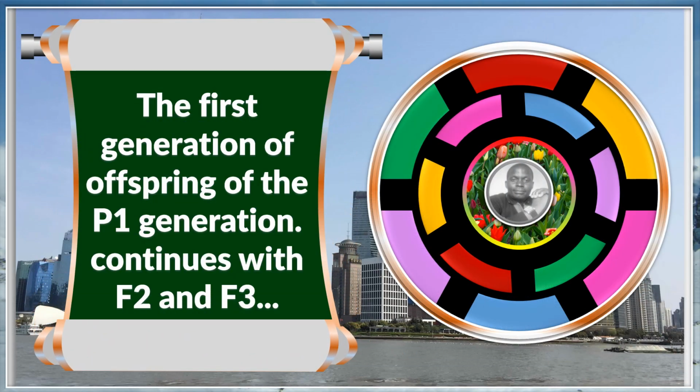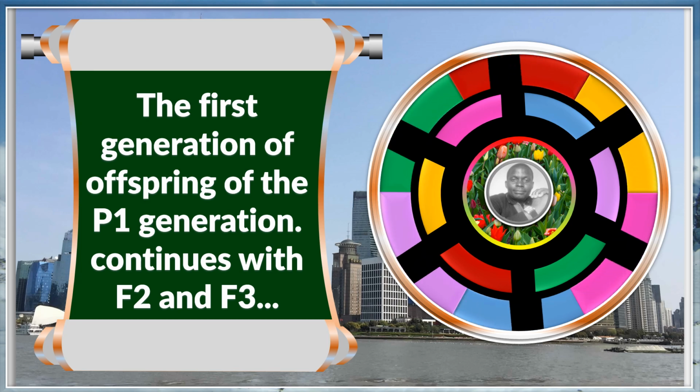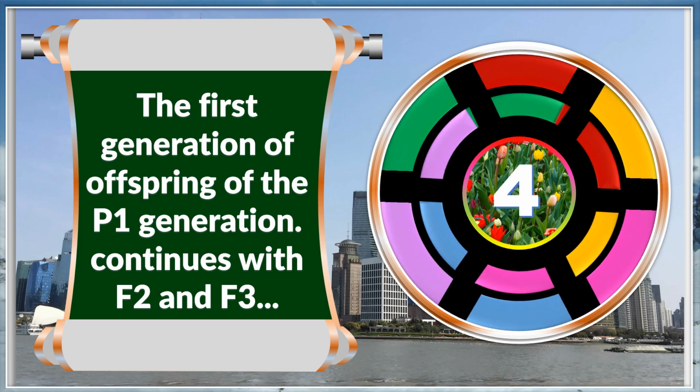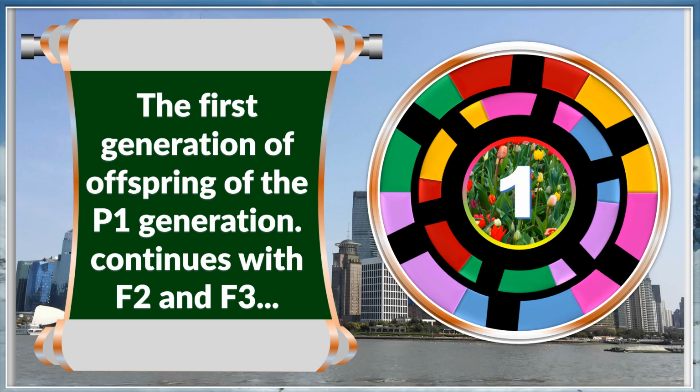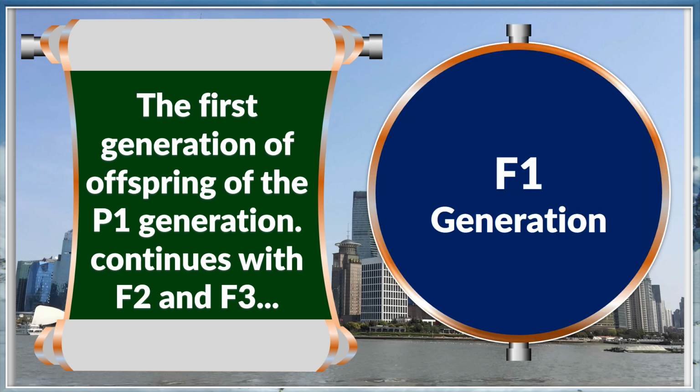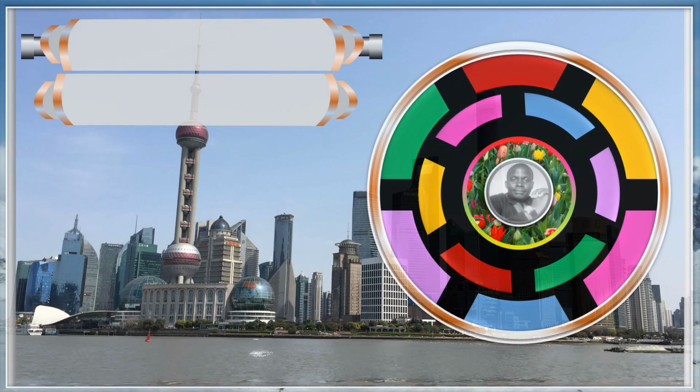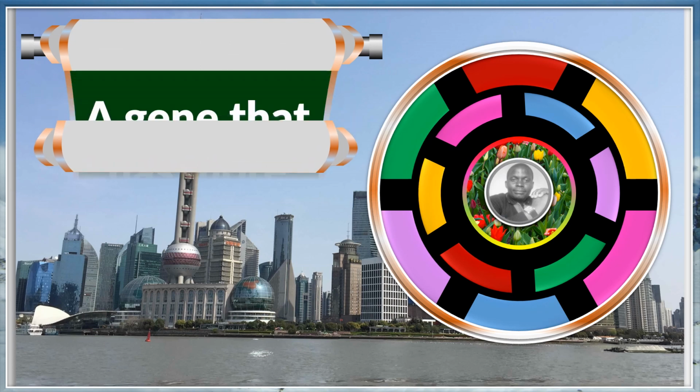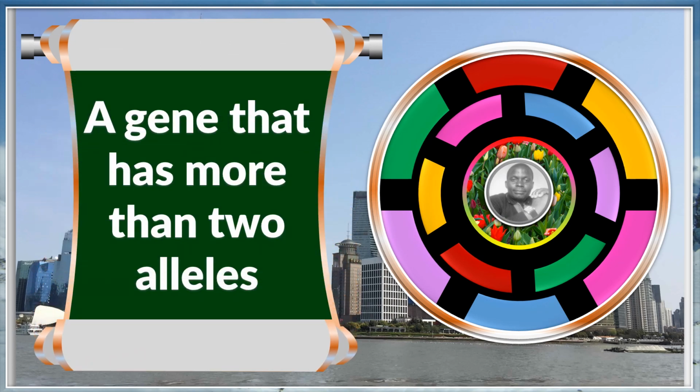The first generation of offspring of the P1 generation continues with the F2 and F3. F1 generation. A gene that has more than two alleles.